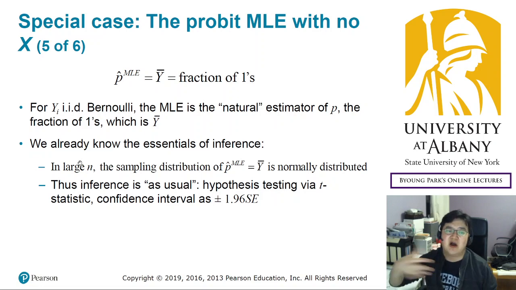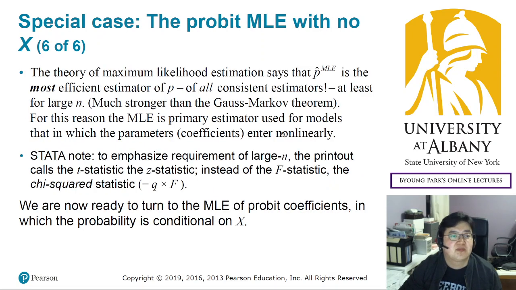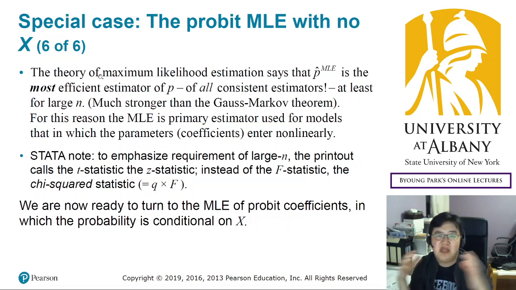So you may apply the same inference methods we used for the regression models. It is the most efficient estimator with the minimum standard error, so it will be the ideal and optimal estimator whenever it is possible. Whenever you can do the MLE, that's the best.